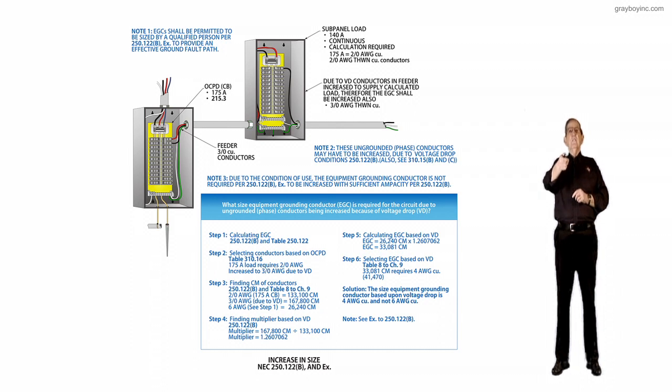Well, let's say that you had 250 kcmil coming in, and say you terminated a 250 amp main. The 250 kcmil per Table 250.102(C)(1) would require that grounded conductor coming in to be at least number 2.